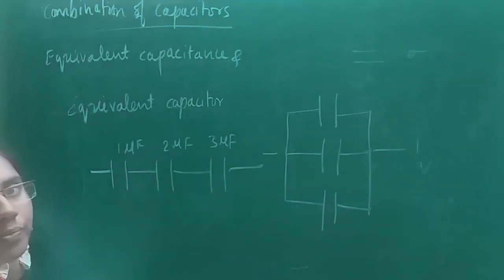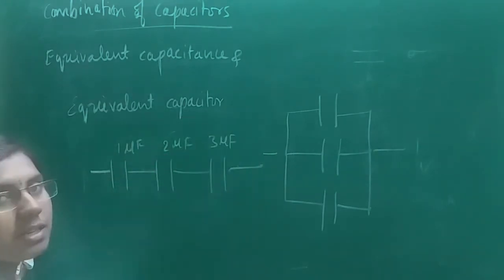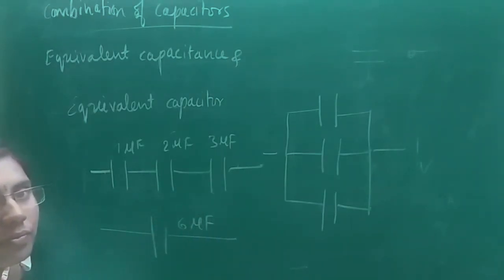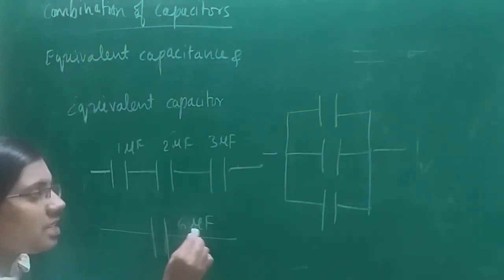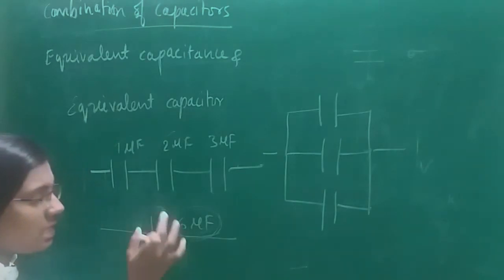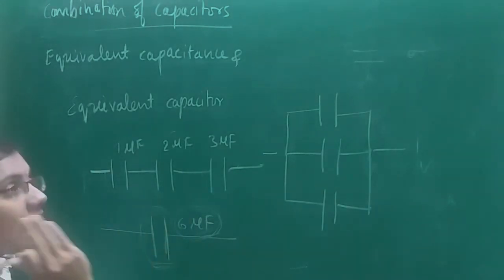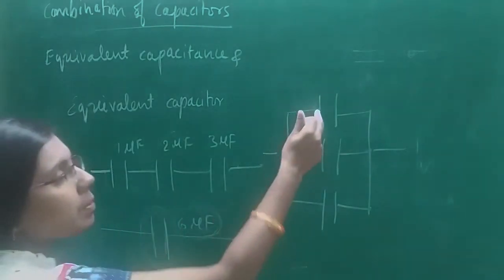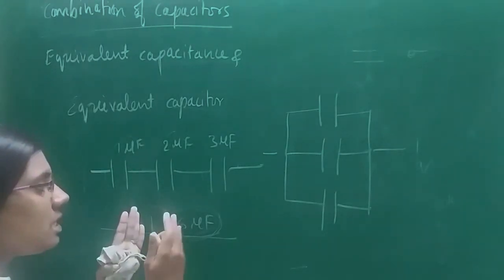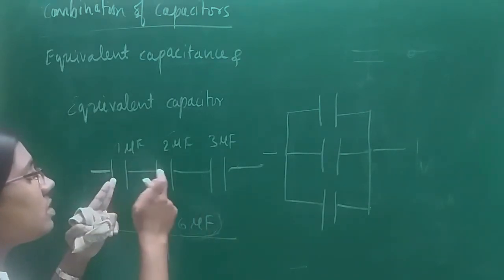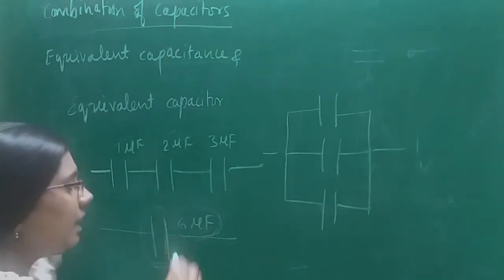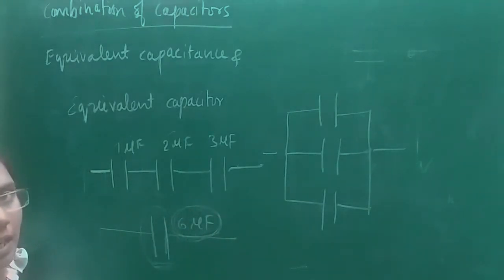By combining all these, if I get 6 microfarad, then a single capacitor of 6 microfarad is equivalent to the combination. An equivalent capacitor is a single capacitor that can produce the same effect as two or more capacitors in combination, and the capacitance of that capacitor is called the equivalent capacitance.